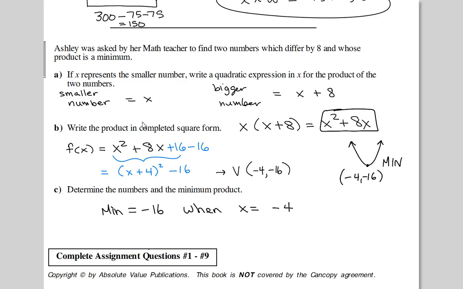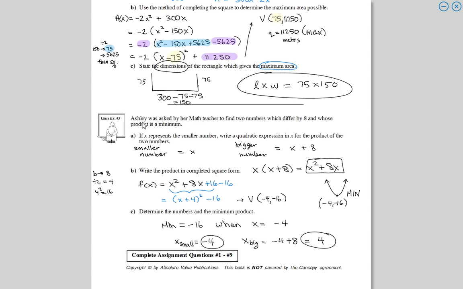So the small number is negative 4. x small, and x big would be negative 4 plus 8, which is 4. So 4 and minus 4 are the two values. If you do enough of those problems, you might be able to generate a rule. Yep.